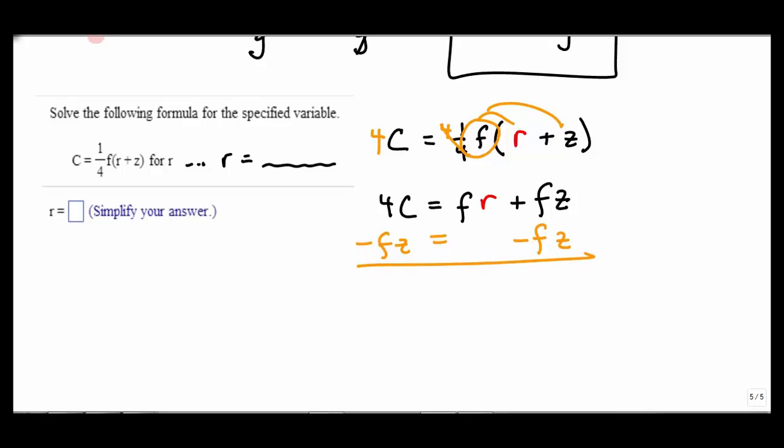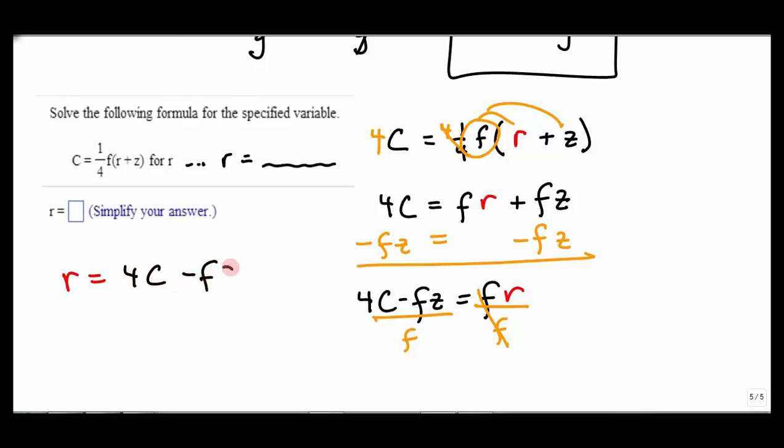So I have a 4 cap c minus f lowercase z equals fr, and r is what I'm trying to solve for. And then my final step would be to divide through by f. So that cancels, and I'm left with r equals, again, r is what I was trying to solve for, 4 capital C minus lowercase f lowercase z all over lowercase f.